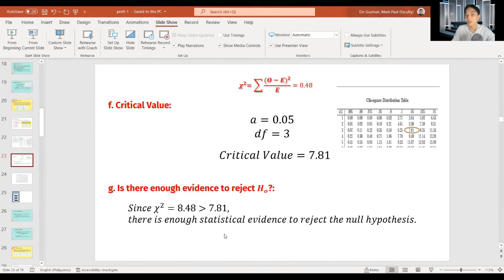So there is enough statistical evidence to reject the null hypothesis. Ayun siya. So nakuha nyo kung paano nagagamit yung ating chi-square distribution table, yung ating formula. So soon, sana magamit nyo ito sa inyong research. Next naman natin yung next type, which is the test of independence.